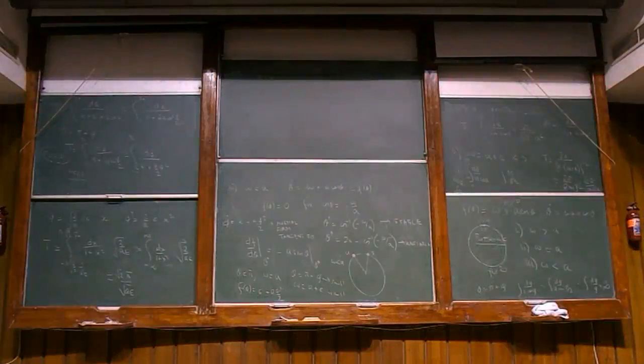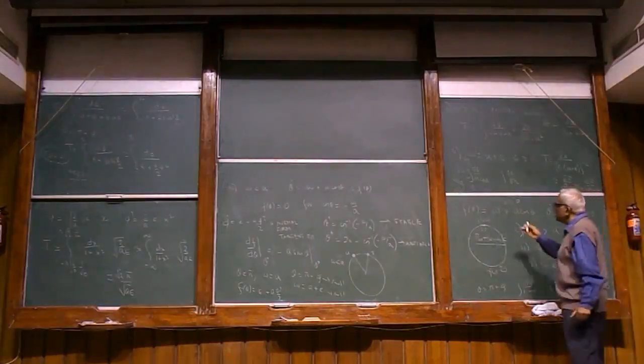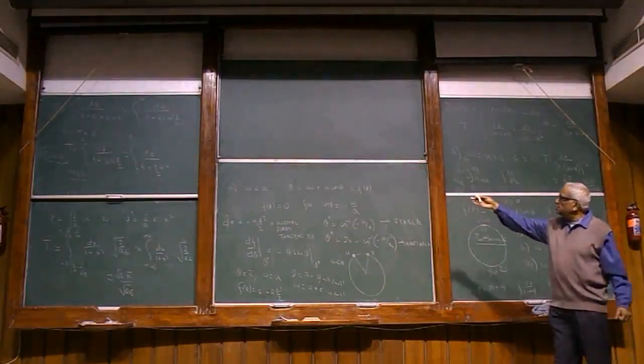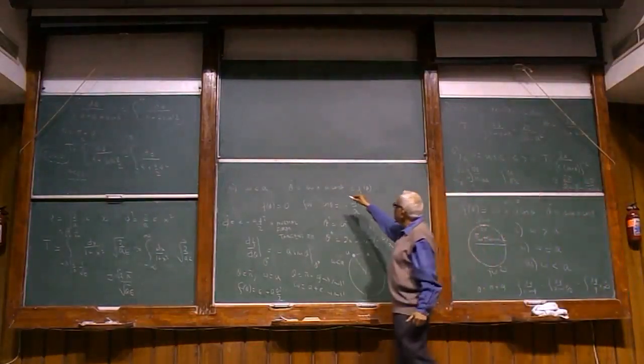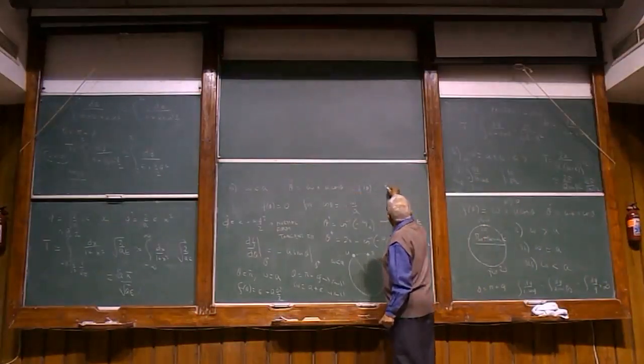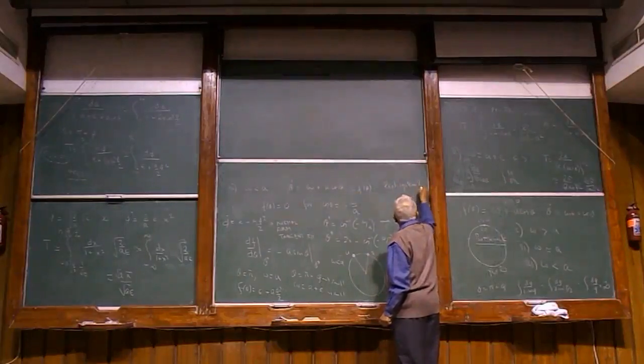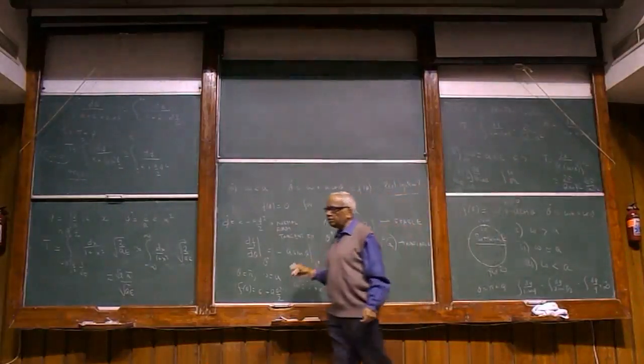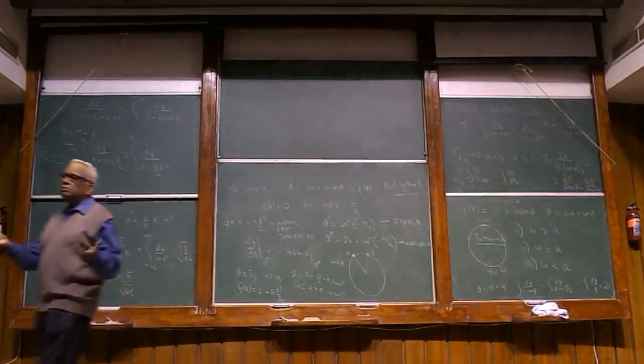So now comes the question: is there any system which has a dynamics which is theta dot equal to omega plus A cos theta? Is there a real system which has this dynamic? Up to now it was all just maths.